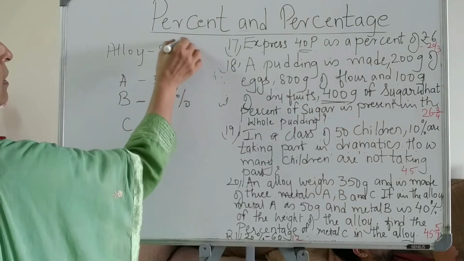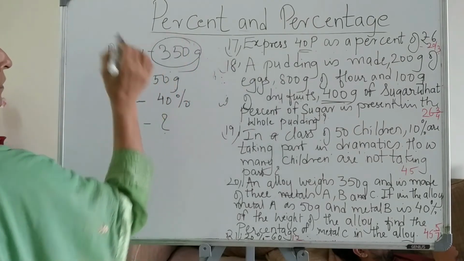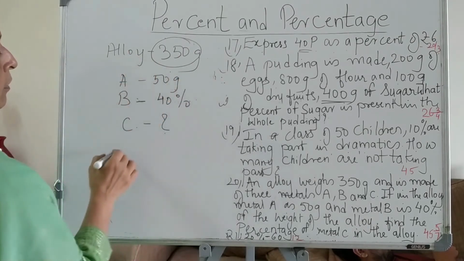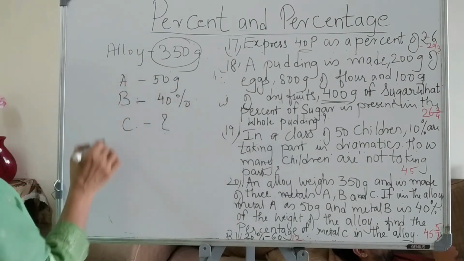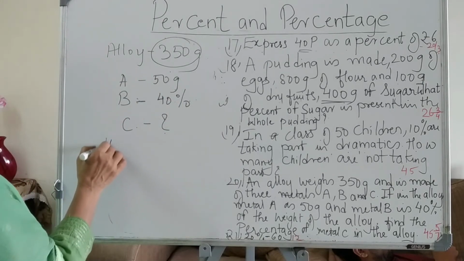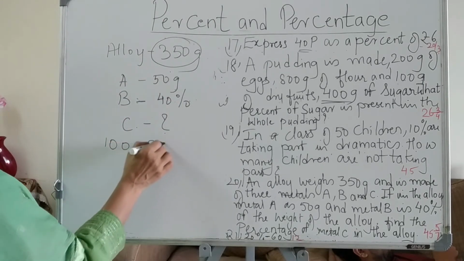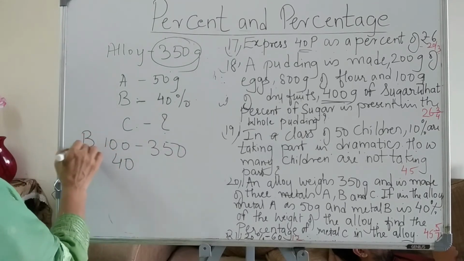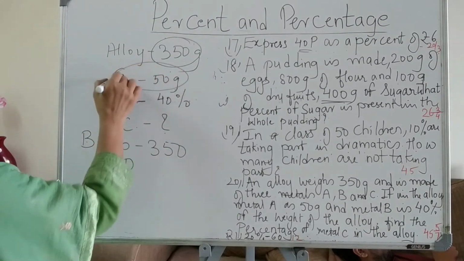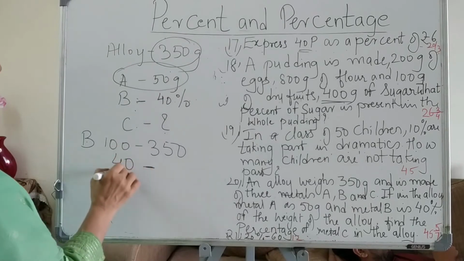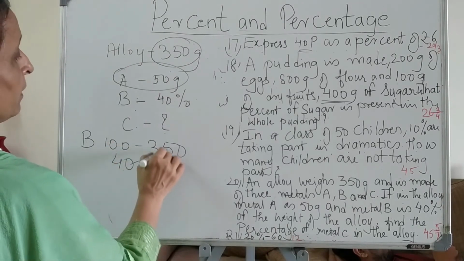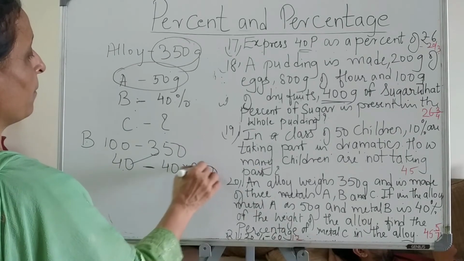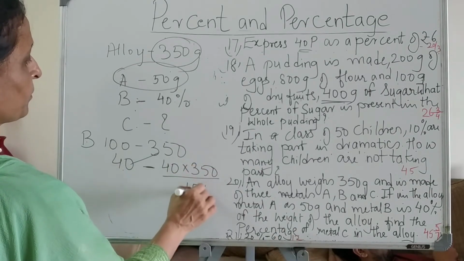Now this is the total, this is the 100. Now you find out the quantity. Find out the quantity of B first. So 100% is 350 and here 40% is given for B. A is already given. Now you are finding the quantity for B. So cross multiplication, that is 40 into 350 by 100.